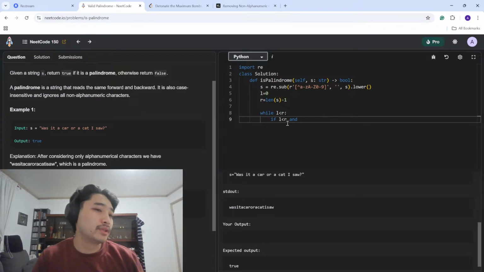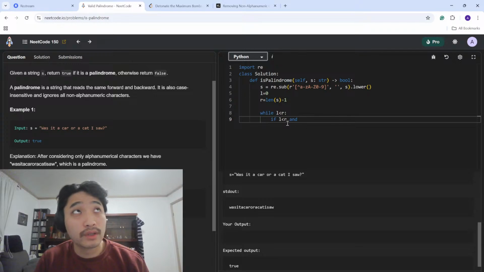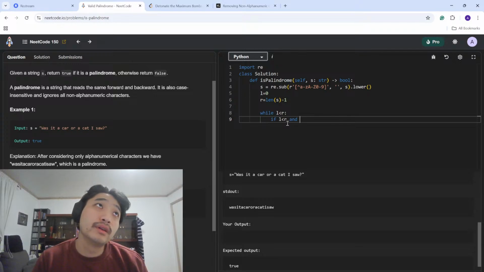Because intuitively I just kind of want to splice it in half and then compare them to each other, like reverse the one. Okay, the reverse has a runtime of n log n, doesn't it?